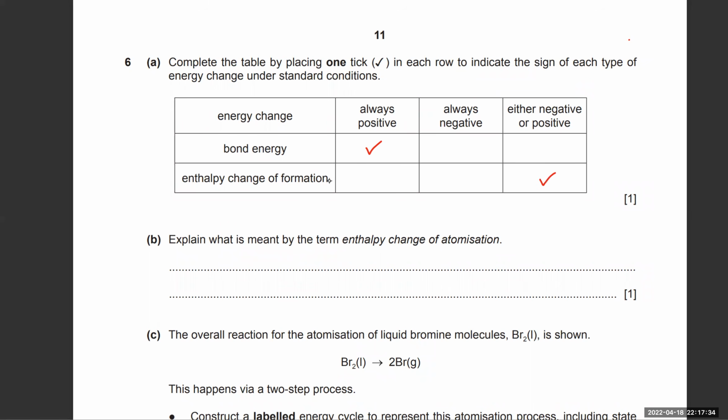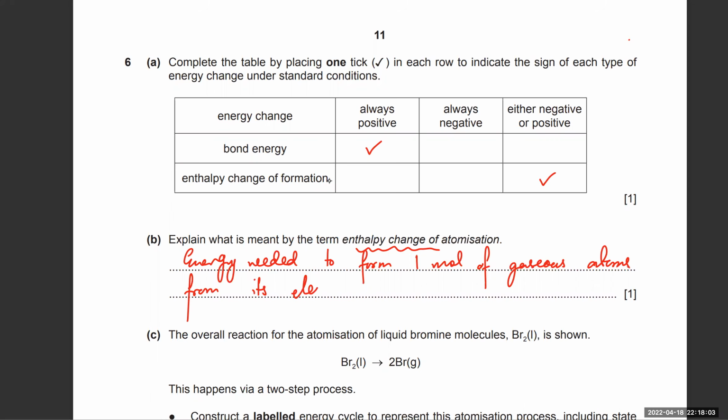So what is meant by the enthalpy change of atomization? It's the energy that is needed to form 1 mole of gaseous atoms from its element in the standard state.